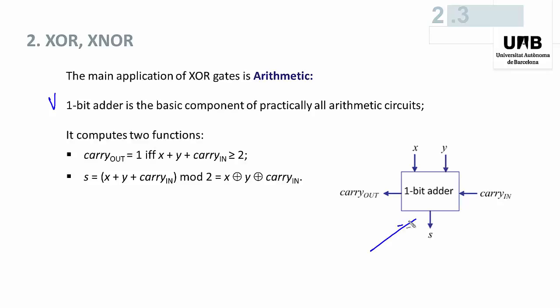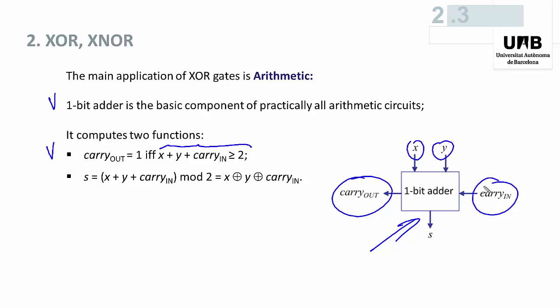A 1-bit adder computes two functions: an output carry equal to 1 if and only if the sum of x, y, and carry in is greater than or equal to 2, and a bit sum s that is the modulo 2 sum of x, y, and carry in, so that we can write the value of s as the XOR function of x, y, and carry in.